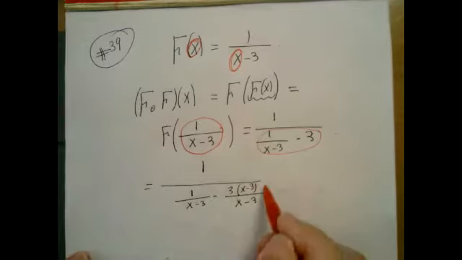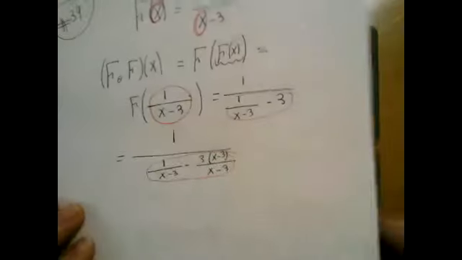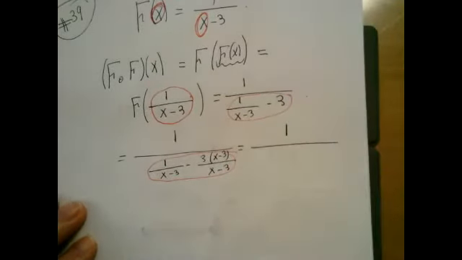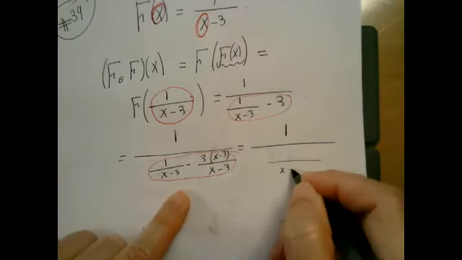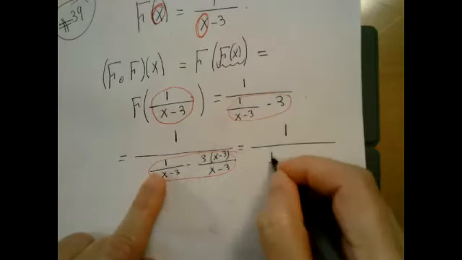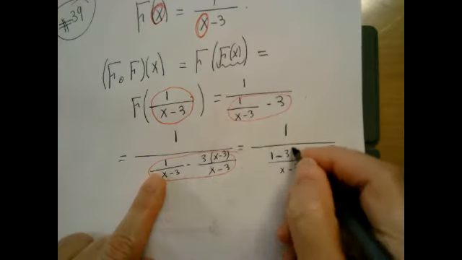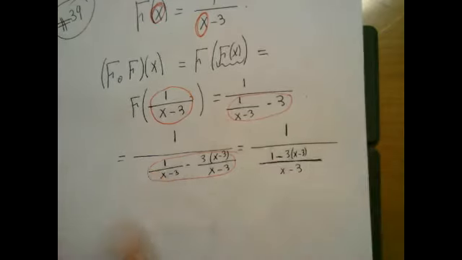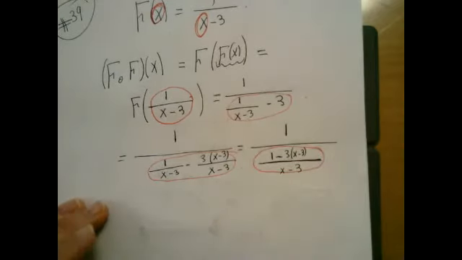So this one is here. And then after that, we fix it. So now it's the simplification part of the problem. 1 over. The denominator here, a common denominator is x minus 3. What's happening to my numerator is 1 minus 3 times the quantity x minus 3. So this denominator now became this expression right there.